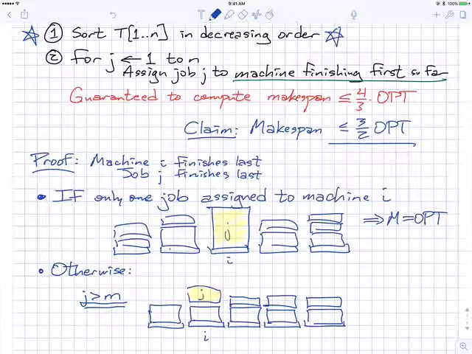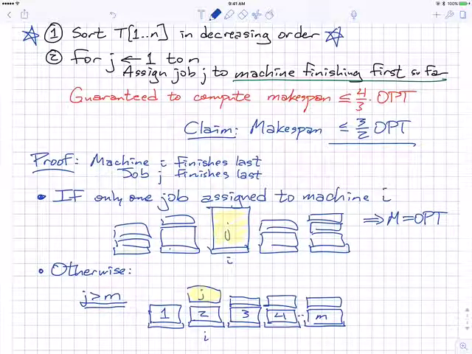The algorithm always assigns the job to the next machine that has the lowest finishing time. So until we've assigned the first M jobs, at least one machine has a finishing time of 0, and that's the one that's going to be assigned. So I can, without loss of generality, assume that among the first M jobs, job J is assigned to machine J, just as a for loop.